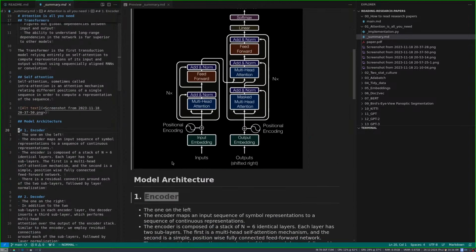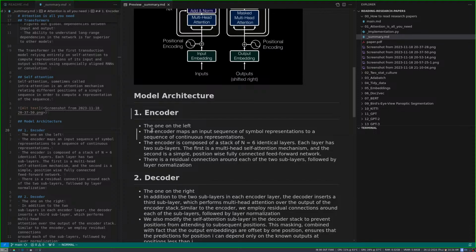Encoder is the one on the left. The encoder maps an input sequence of symbol representations to a sequence of continuous representations. Symbol representation, what is it?